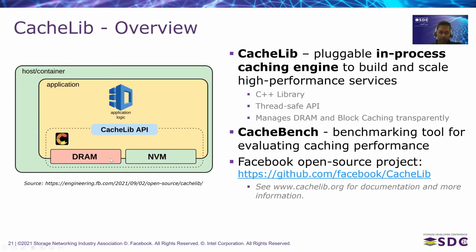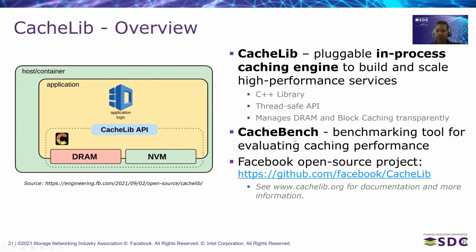Currently, CacheLib has support for DRAM and block, for NVM. It is somewhat suboptimal for PMEM, but we'll show you the data on how that performs. This was recently open sourced by Facebook, and it is extensively used by Facebook in the cache, in the Facebook data center, for service deployments hosted by Facebook for their internal services.